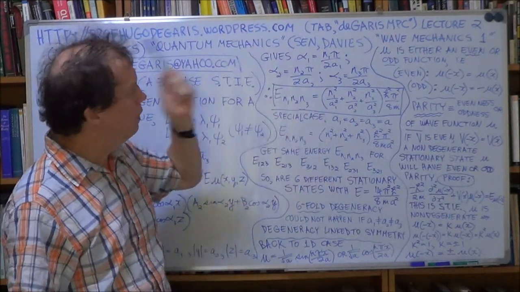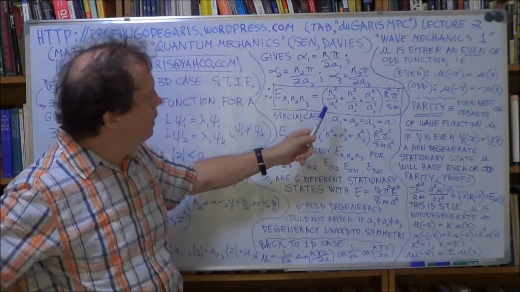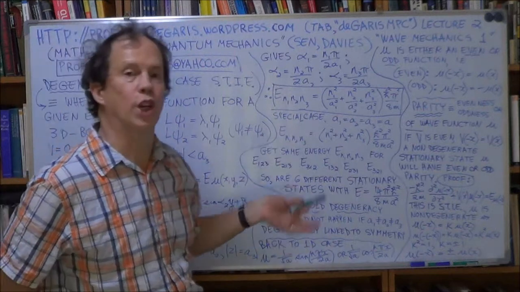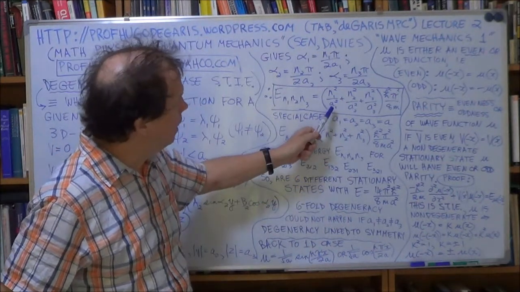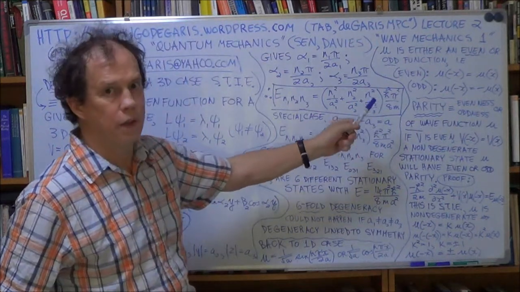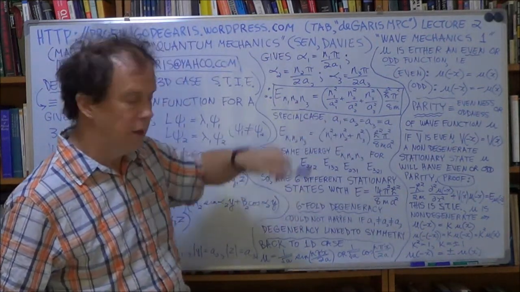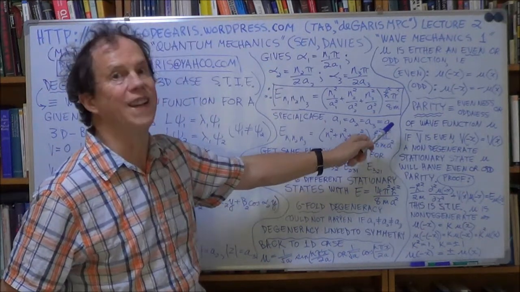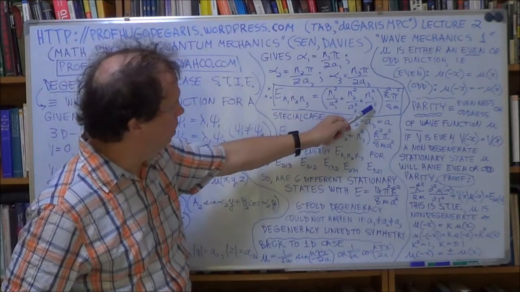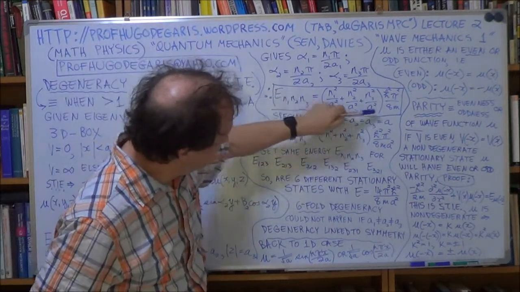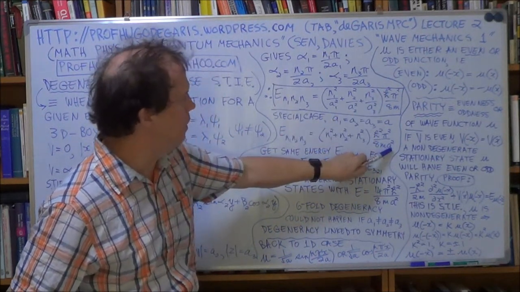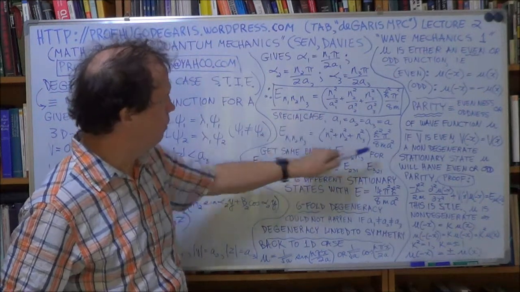Okay? Now here's a special case. Let the dimensions of the box be, well, let the box be a cube. Okay? So A1 and A2 and A3, they're all the same value, and let it be A. So the cube, the side of the cube, has dimension A, size A. All right. Well, so these are all the same. So you can take the A and bring it out here. So it'll just be A squared. So you get your A squared now, no longer underneath, but you put it here.